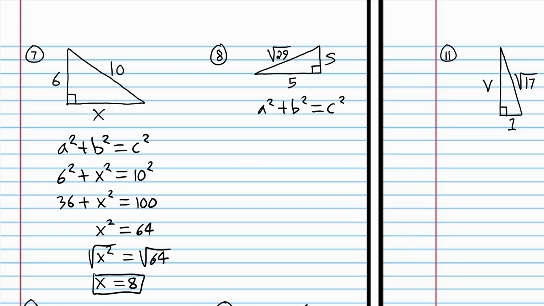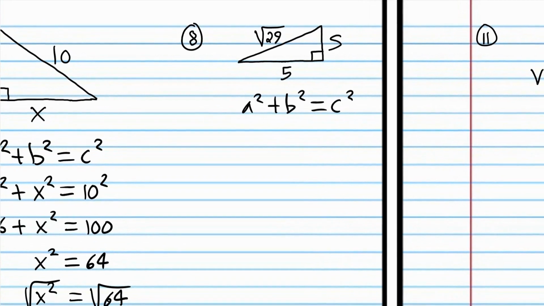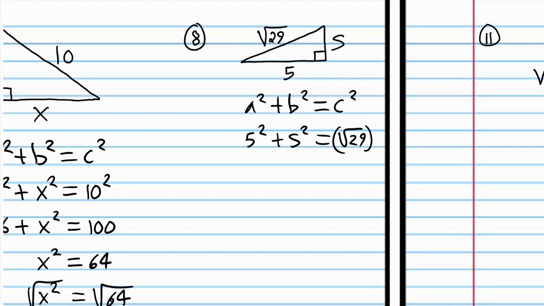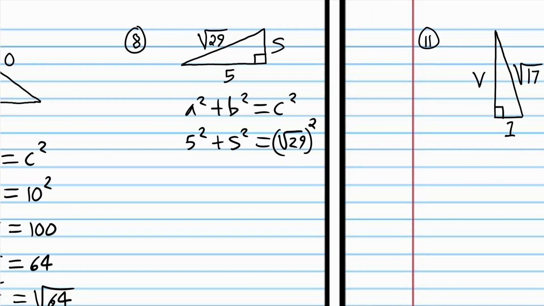That's always so if you're dealing with a right triangle. So we're going to plug in 5 for a and s for b and root 29 for c. It's probably best that you write parentheses there. You may not have to, but I think it would be best so you know it's inside the square.